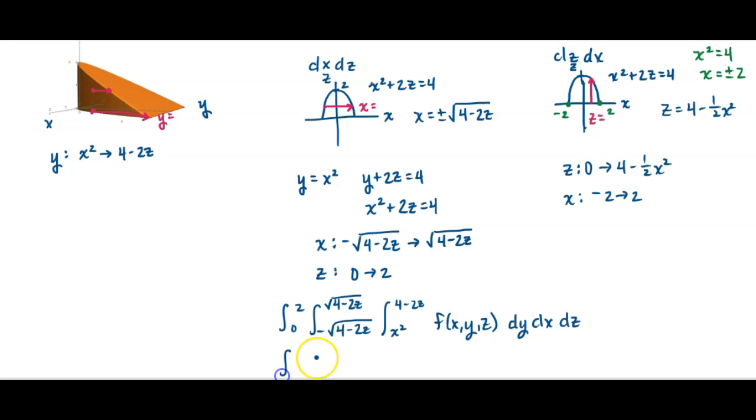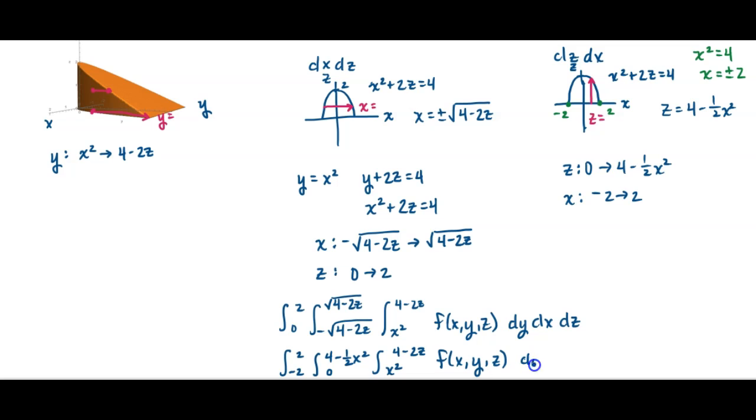Finally, one more, dz dx, so this is going to be dy dz dx, with x going from negative 2 to 2, z from 0 to 4 minus 1/2 x squared, and y from x squared to 4 minus 2z of f of x, y, z.